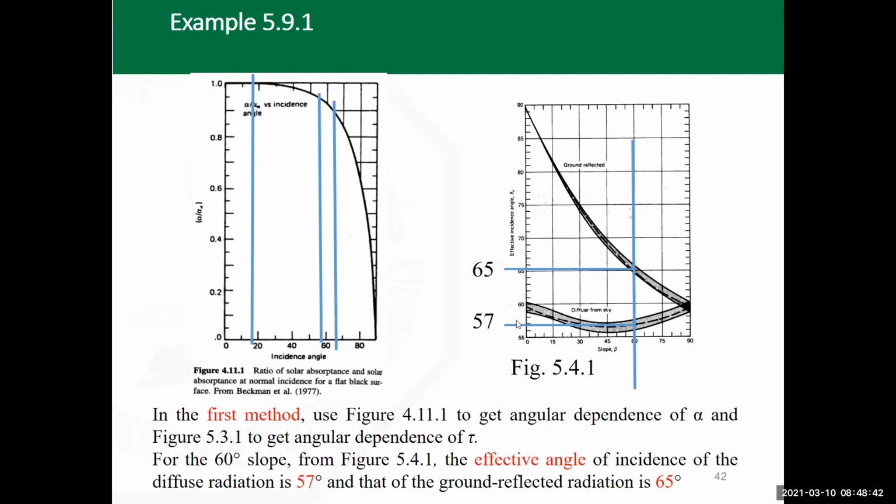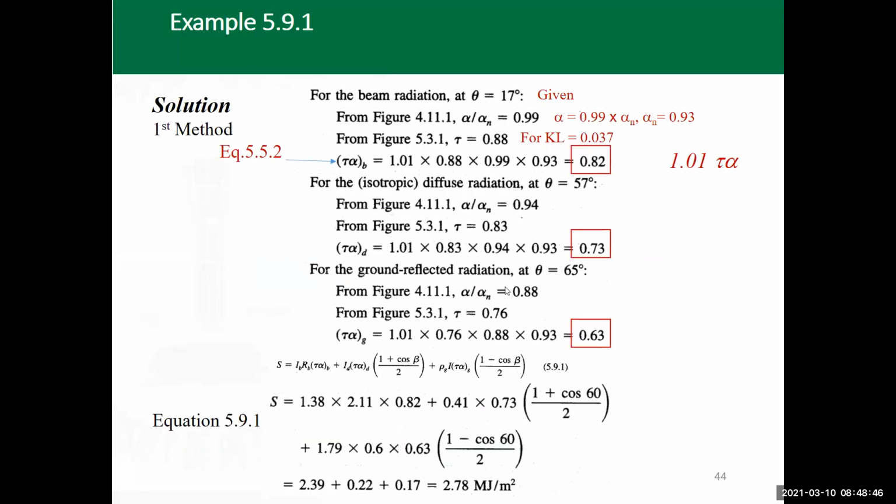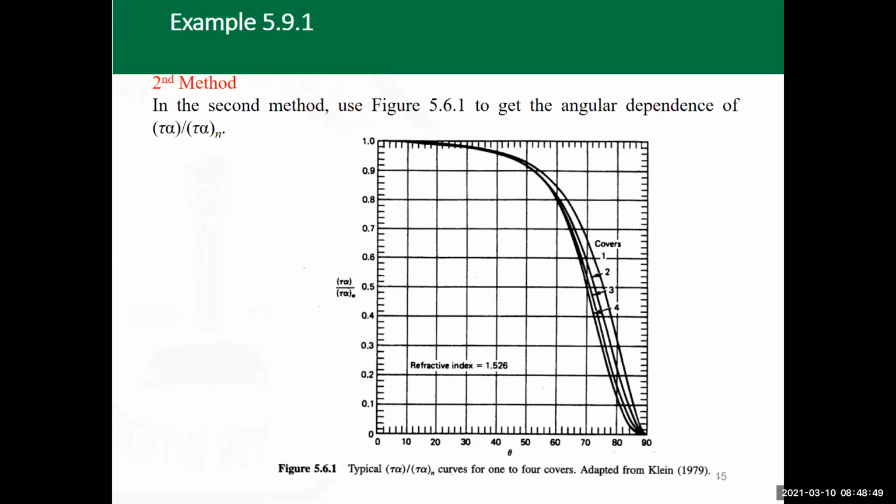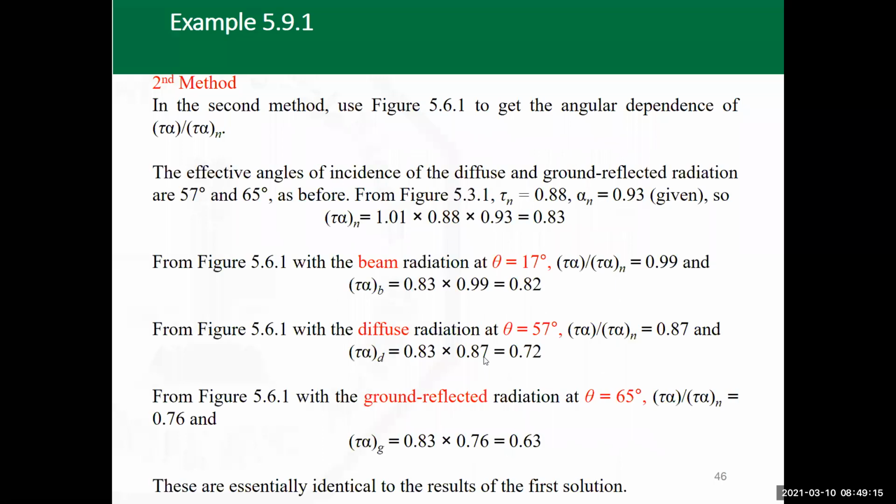We take these angles, 57 and 65, and initially the value that we have obtained was 14, and then you substitute here to get three values of the ratio tau alpha over tau alpha n right away. And this is basically an equation given for a glass which has a refractive index of 1.526. But you may recall when we commented on this figure, we said that it's also useful for values of the refractive index of different materials that are close to this value.